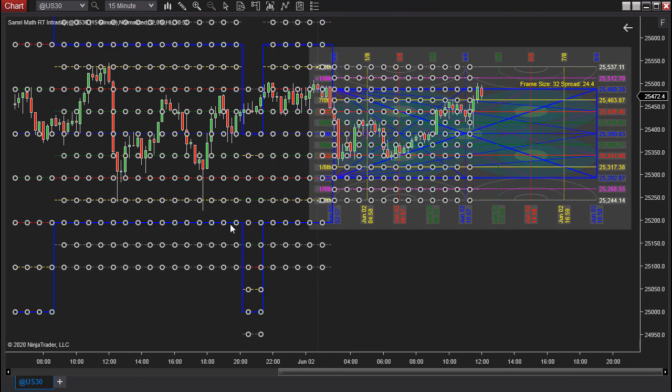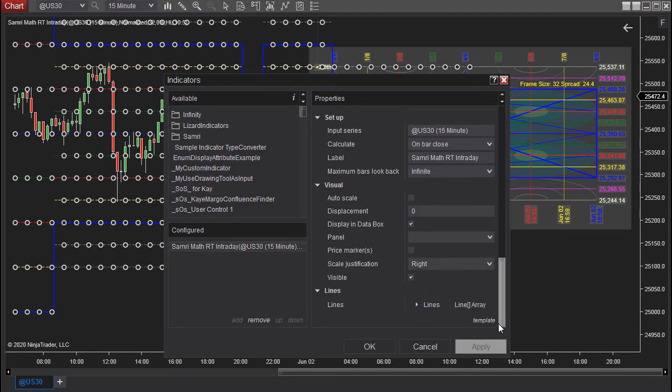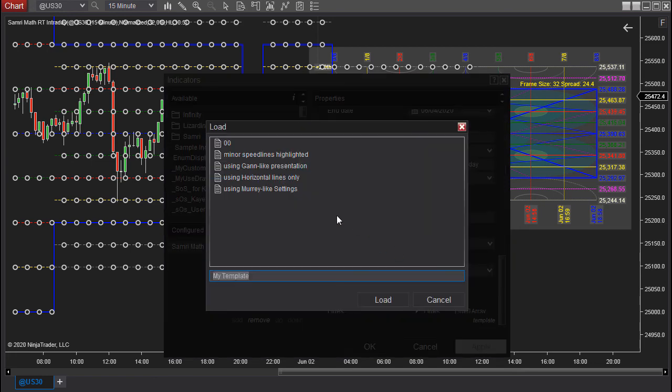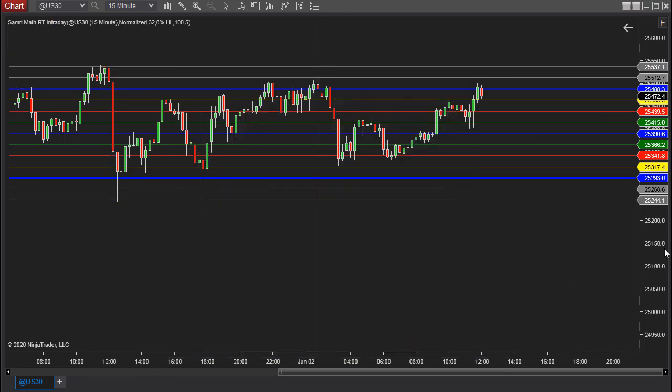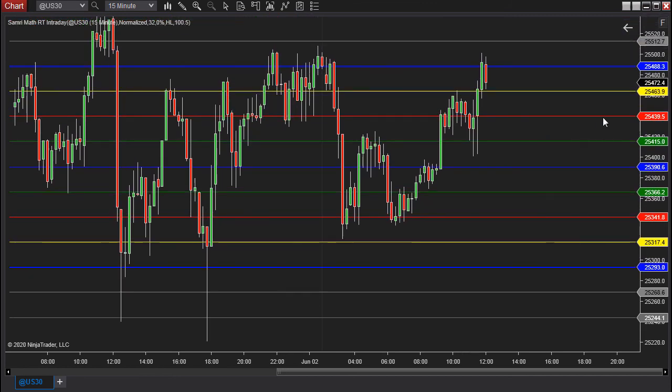One favorite seems to be looking at the grid, at the octave, as simple horizontal lines, like so. Now that shows you the current levels, the current octave from 0 to 8, but it does not tell you where the price has been.